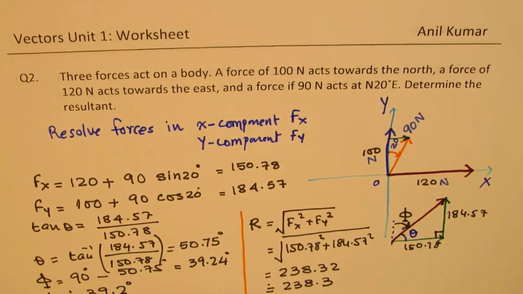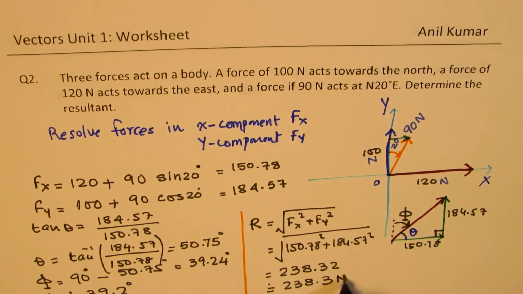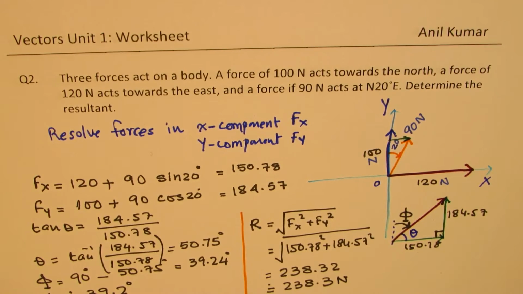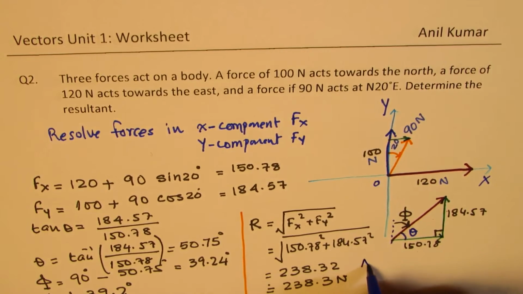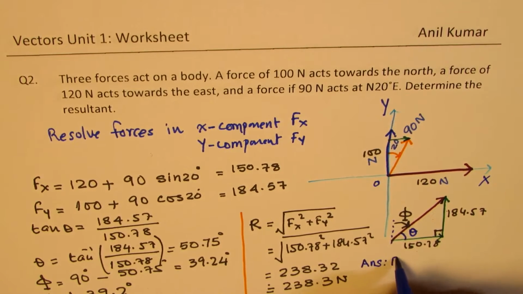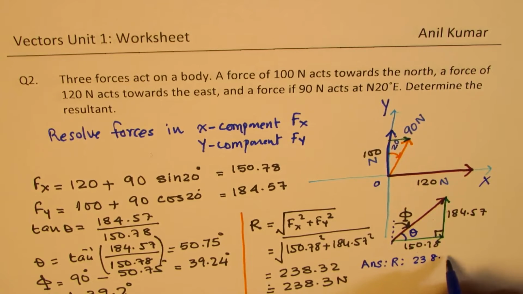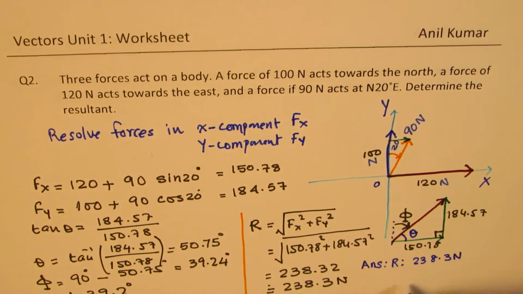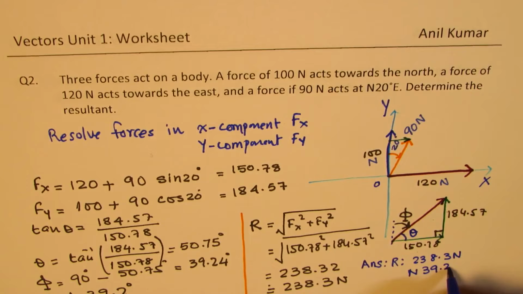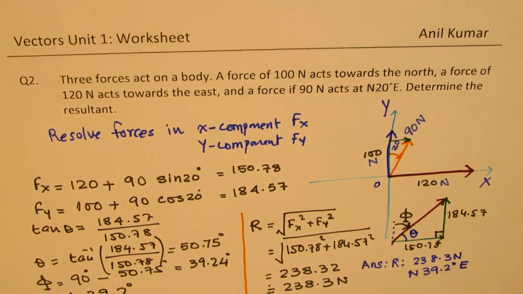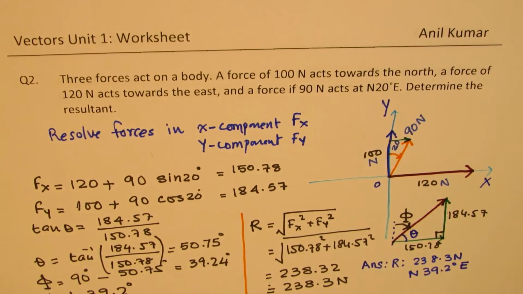The units, of course, will be newtons. So now we can write down our answer. That is, the resultant is 238.3 newtons, and the angle from north is 39.2 degrees east. Correct? So that is how you should be solving this. I hope that makes sense.